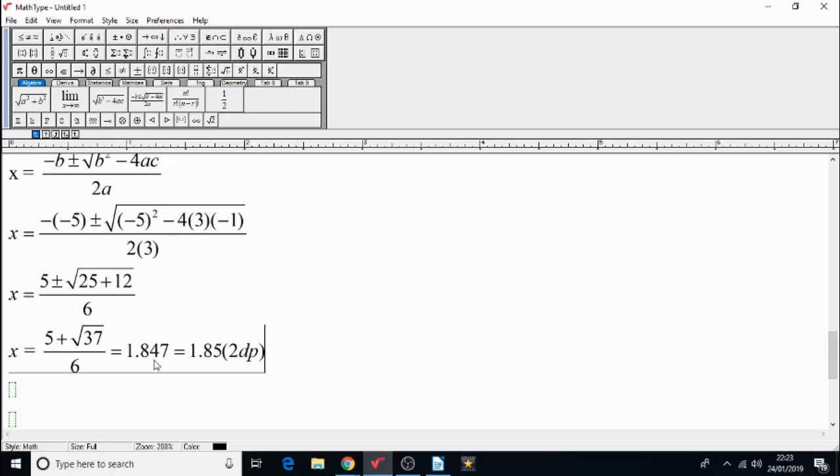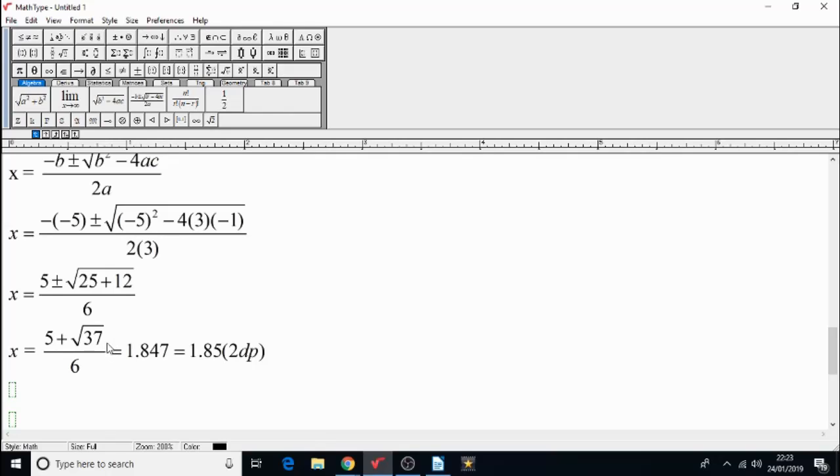So if you're going to put 1.9 instead of 1.85, put in brackets 1 dp so that the examiner knows you have written the answer to 1 decimal place. So x is equal to 1.85.